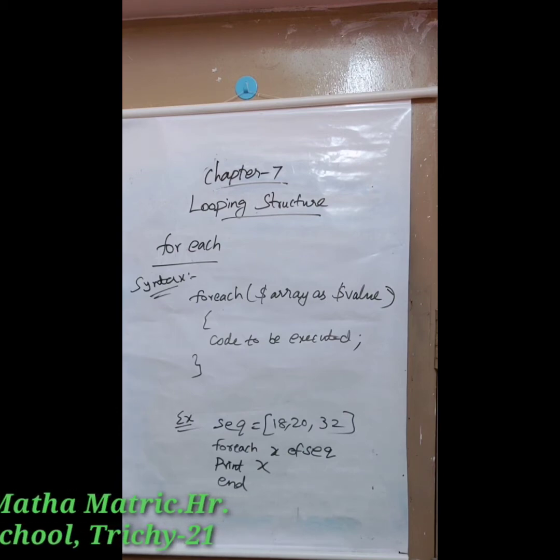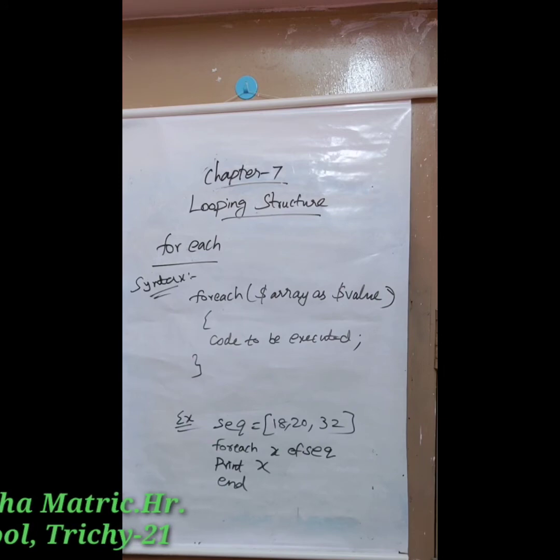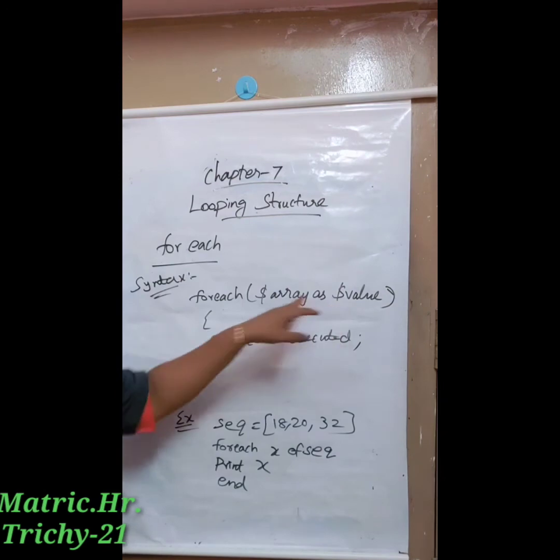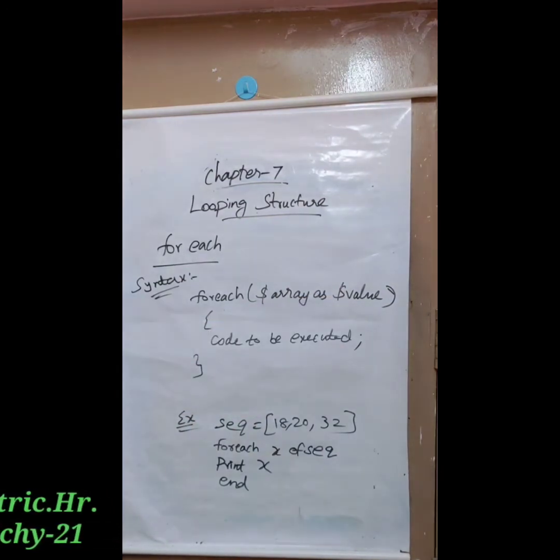For each loop iteration, the value of the current array element is assigned to the value variable, and the array pointer is advanced by 1 until it reaches the end of the array.